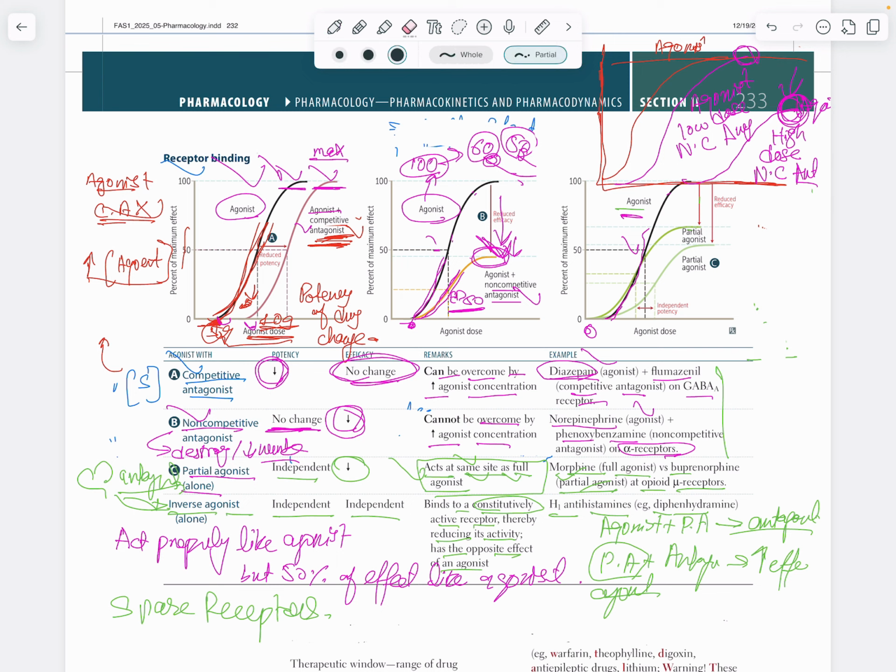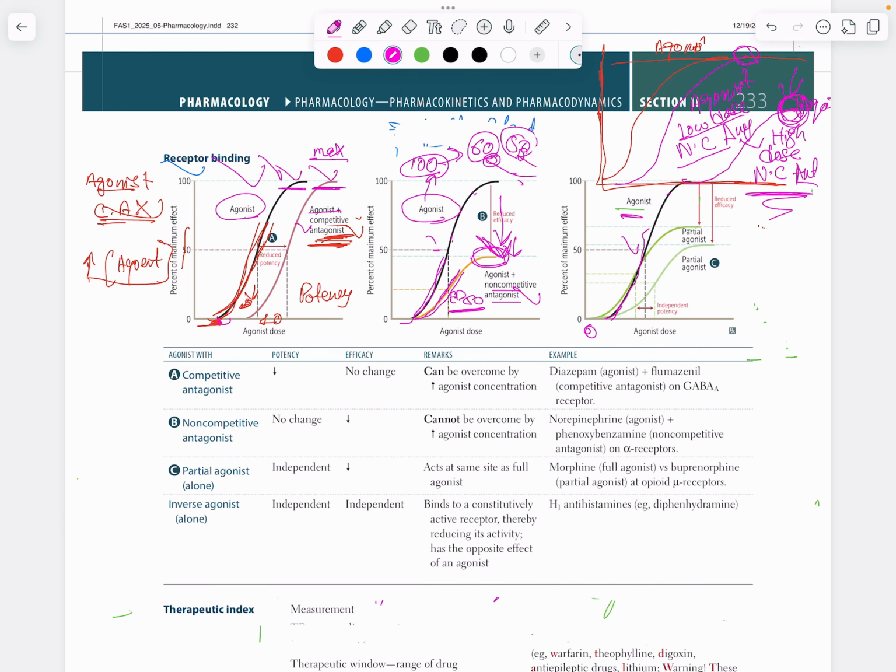The spare receptors will act when you give a low dose of non-competitive antagonist. But to overcome the effect of spare receptors in some systems, you have to give a high dose of non-competitive antagonist.